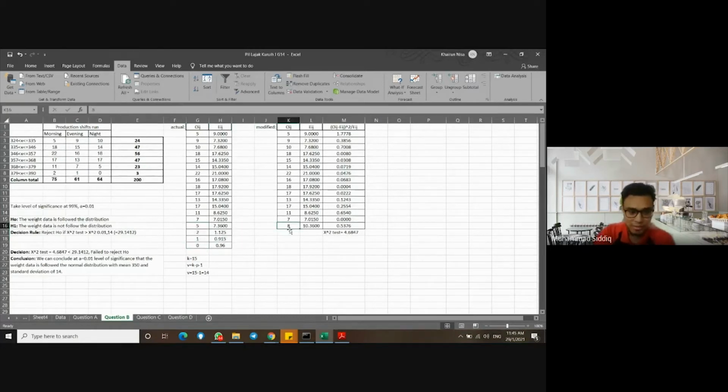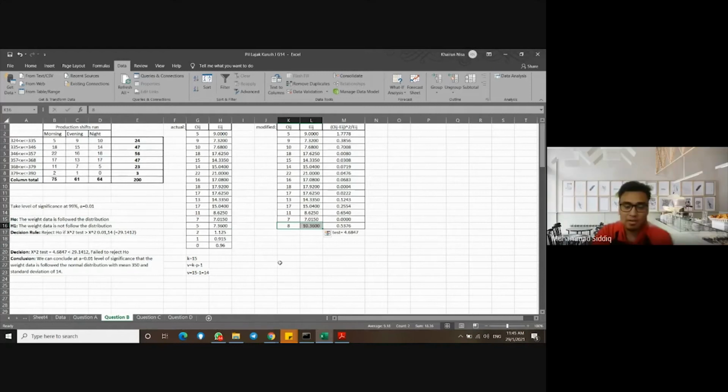So we sum the values of OIJ for 0, 1, 2, and 5, including the values of E: 0.96, 0.915, 1.125, and 7.3600, and we get our new table, which is the modified table.